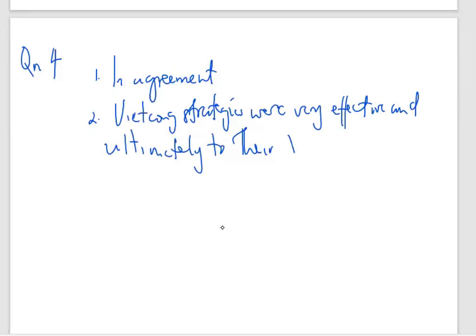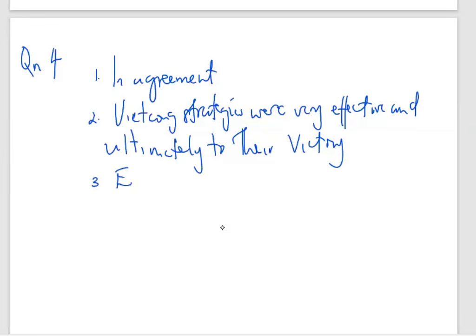We know the result of the war. Then you elaborate. This essay is going to further explain the tactics and strategy that were employed by the Viet Cong in the Vietnam War against the Americans. That is your introduction, which is contextualized.